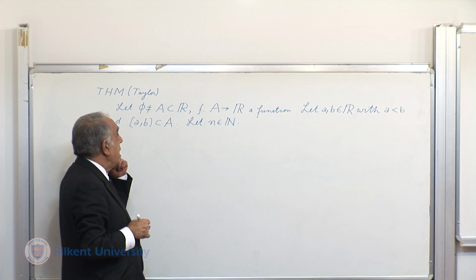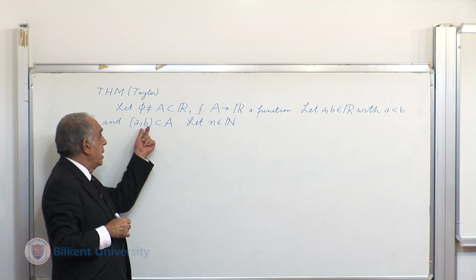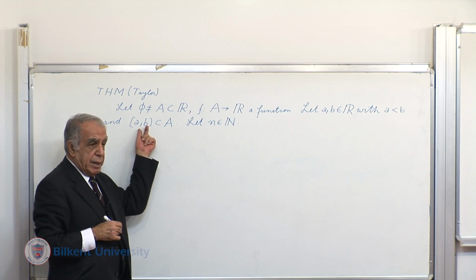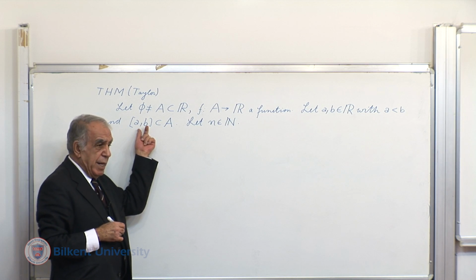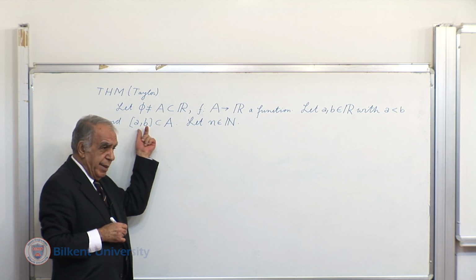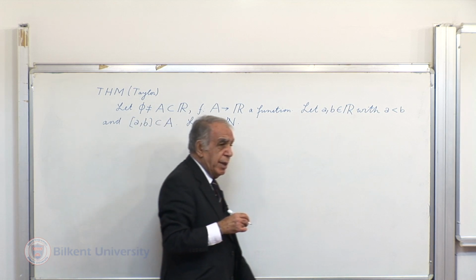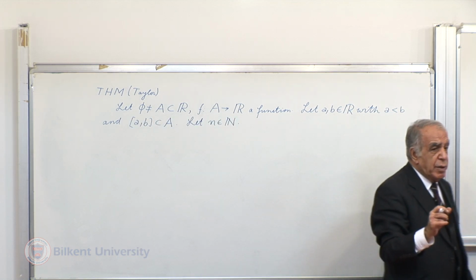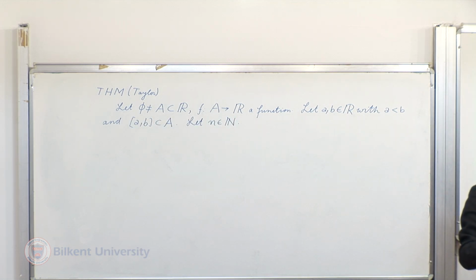Now, Taylor's theorem, what it does is, it expresses the value of f at b, f of b, in terms of the value of f at a, the derivative of f at a, the second derivative of f at a, and that goes up to some n.